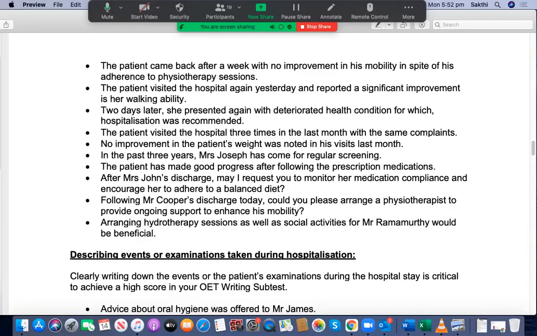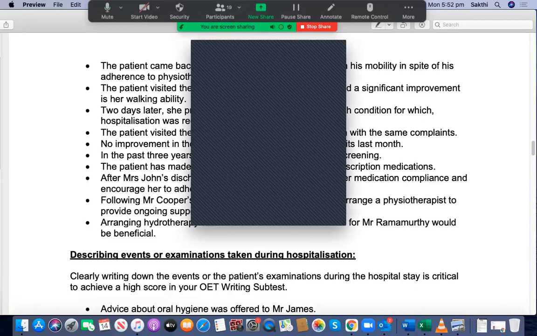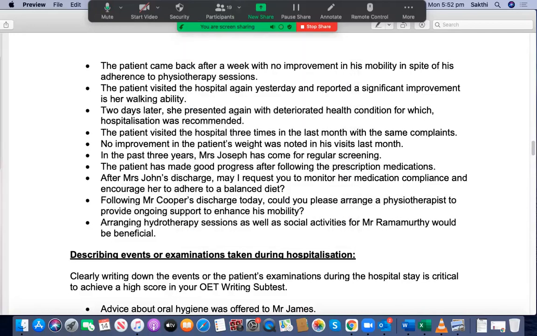Okay, so look at this one. Following Mr. Cooper's discharge today, arrange a physiotherapist to provide ongoing support to enhance his mobility. Okay, so that's how you need to write it. All right, look at this. Arranging hydrotherapy sessions as well as social activities for Mr. Ramamurthy would be beneficial.